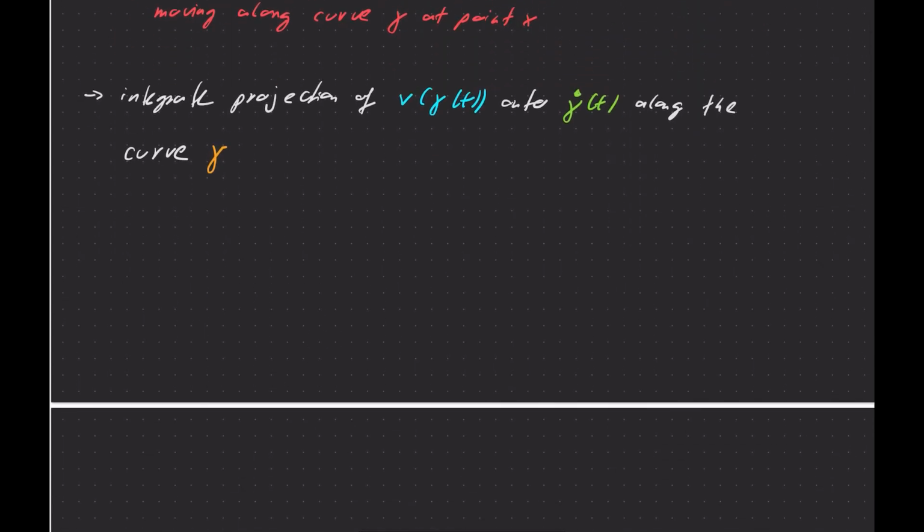Okay, so let's compute that. We first need to find out what that projection actually is. We're only interested in the length of that projection, not the vector itself.